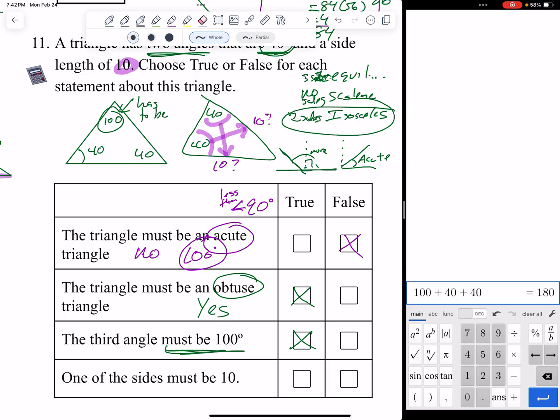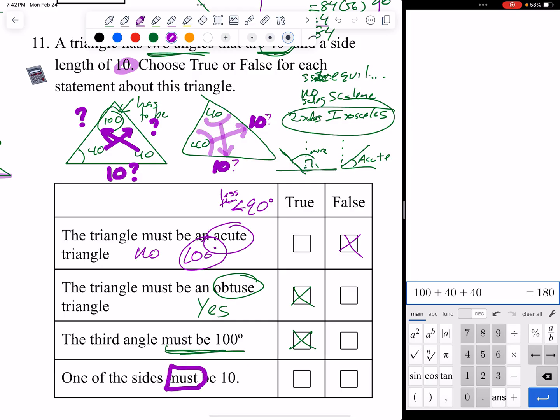Where is the problem? The problem would be if the 10 was in the bottom. Because this angle, I don't know what it is. And that angle, I don't know. That side, I don't know what they are. I just know they have to be the same. So if the 10s were across the 40s, then they would work.